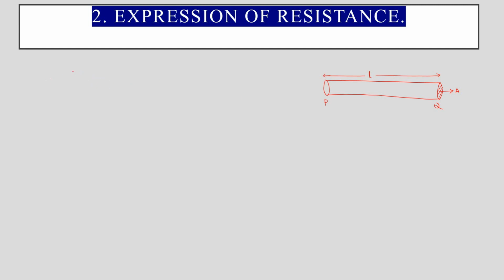So we observe that resistance is proportional to L and inversely proportional to A when temperature is constant. This is our previous slide explanation. This is a proportional relation.